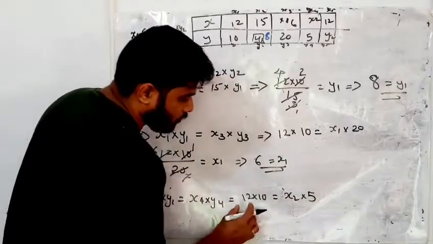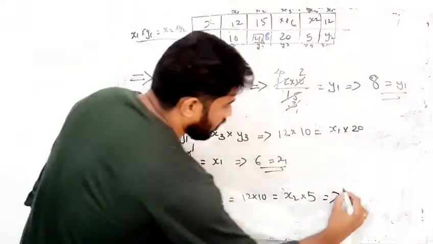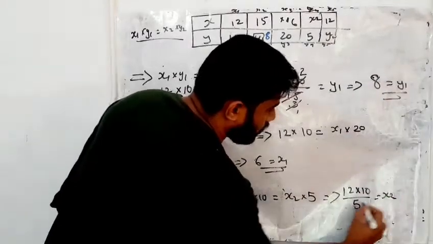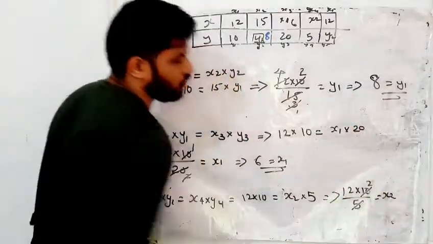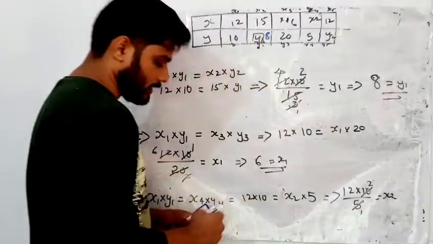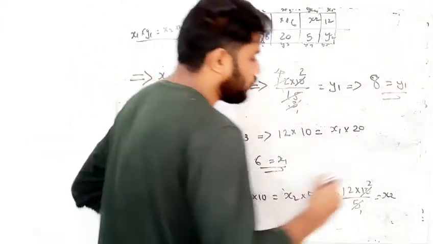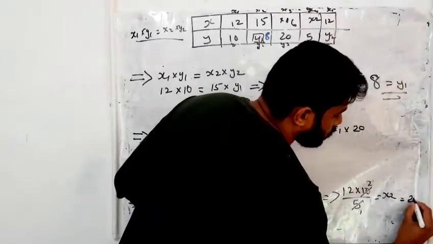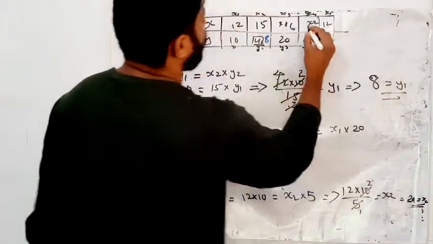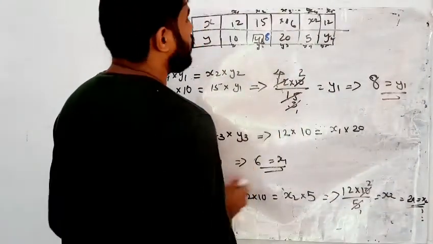So this 5 will come to this side, and what happened? 12 into 10 divided by 5 is equal to x2. That means 5 ones are 5, 5 twos are 10. So 12 into 2, x2 is equal to 24. Clear? So we got the value of x2.